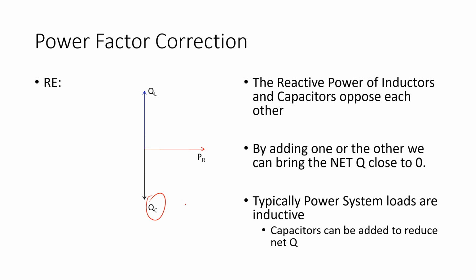So what we could do is add VARs into the system, but in the opposite direction. We add capacitive VARs, and that has the effect of bringing down the net Q in the system. That will allow us to have a higher power factor while still maintaining the same inductive load.